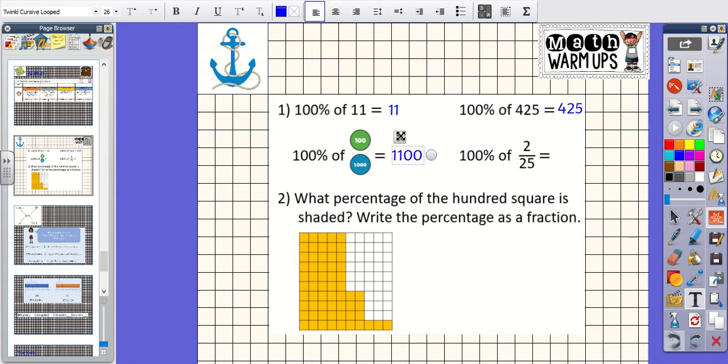We're talking about everything. And then 100% of 2/25 would again be 2/25. Okay? Just keep that in your mind. That 100% means everything. It's the whole.